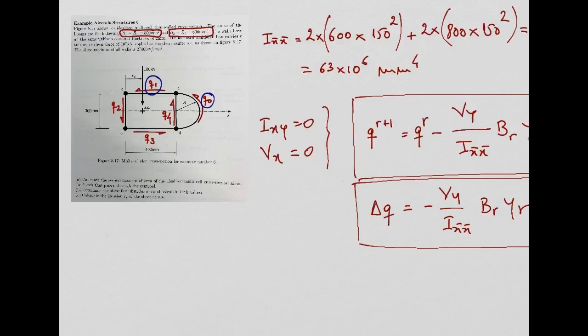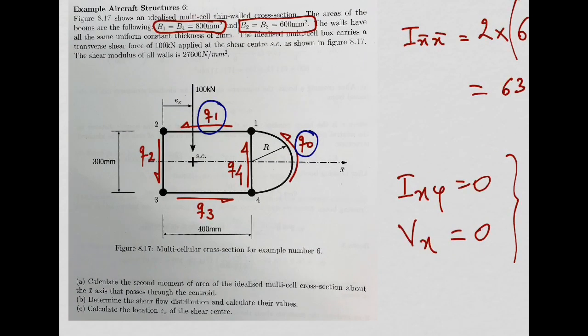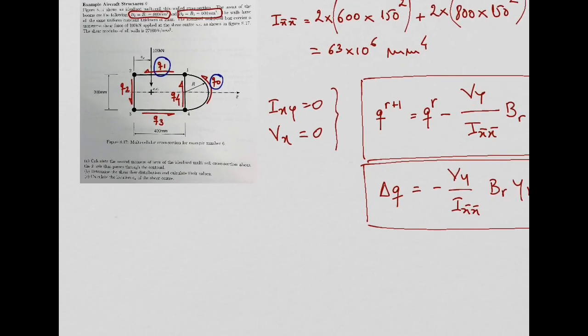We always started at the free edge, because before crossing a free edge, the shear flow is 0, right? We know it's 0. But in a closed cross section, we don't have free edges, and we need an initial shear flow to start our analysis. So that's why we assign each cell an initial shear flow, as if we know how much that shear flow is, okay?